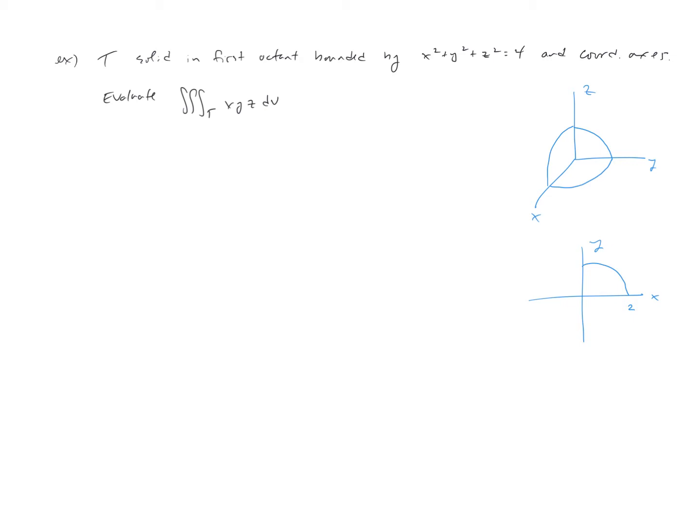All right, so to get this thing set up, like I said, we're going to do it three different ways. We're going to go rectangular, we're going to go cylindrical, and we're going to go spherical. So rectangular is where we're allowed to keep our X, Y, and Z as they are.